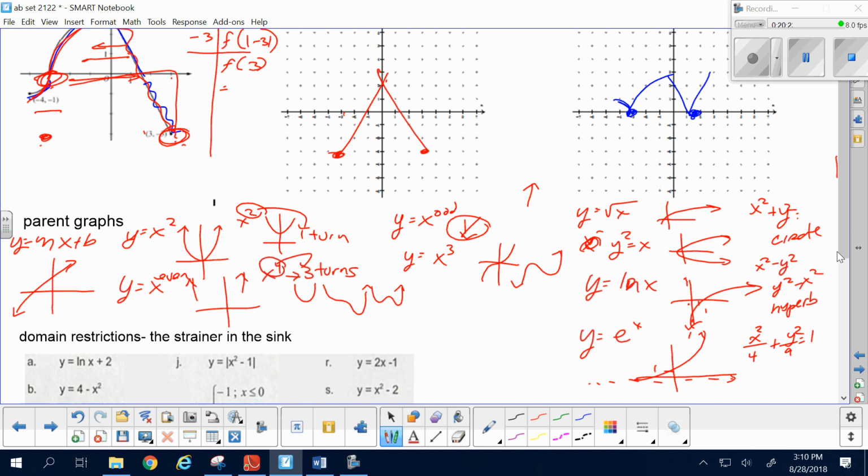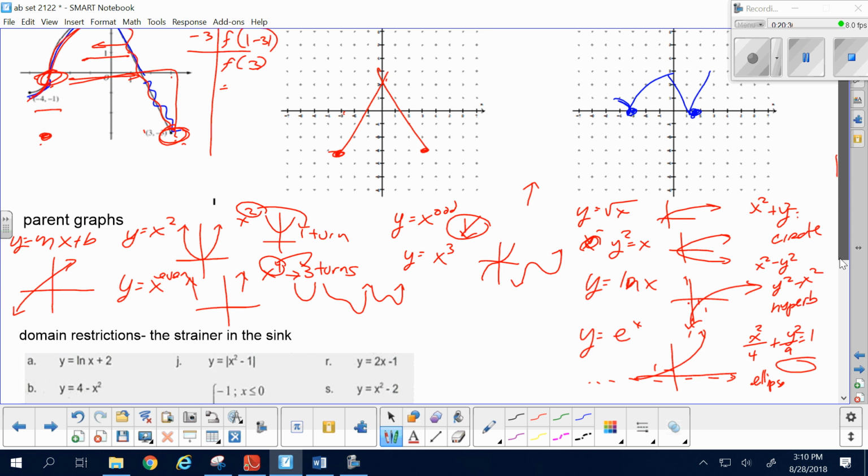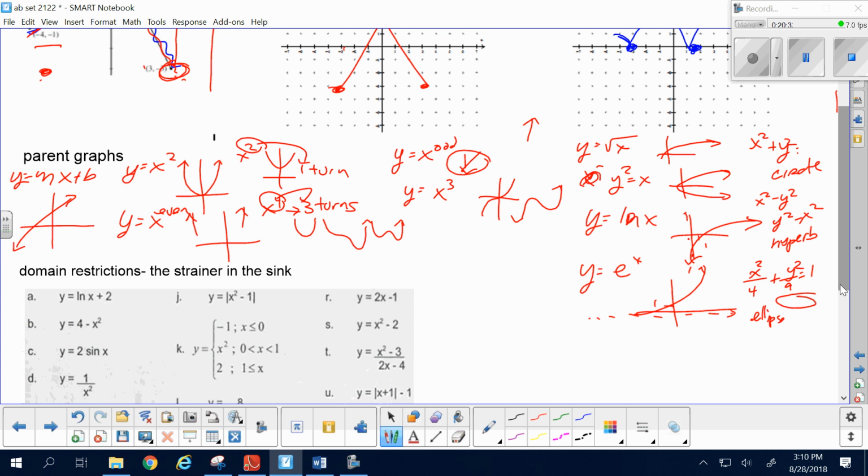We know multiplying and dividing stretches a graph, so something like that would be an ellipse. And the last conic section is the parabola. If just one variable is squared, either y equals x squared or x equals y squared, you're talking parabola. All right, those are the conic sections. You'll need that on your homework tonight.